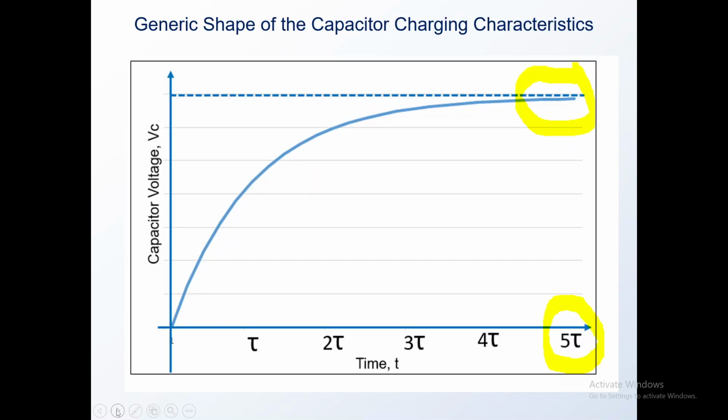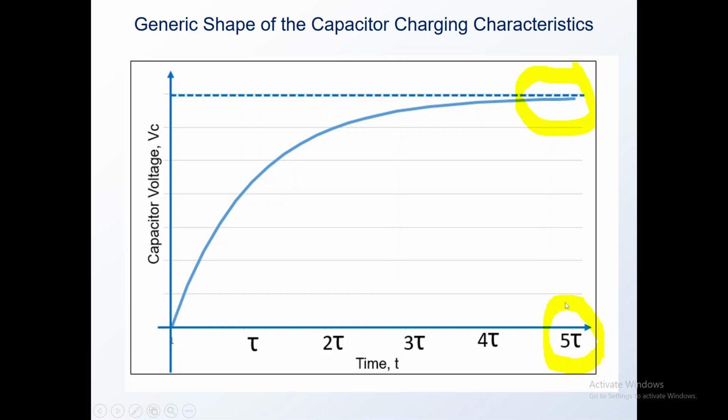So when we again observe the graph and plot the time on the time axis, this is the time tau, that is 1 time constant, it is 2 time constants, it is 3 time constants, and at 5 time constants, whatever the time constant of the circuit, if your time is nearly 5 times the time constant of the circuit, the graph becomes horizontal.